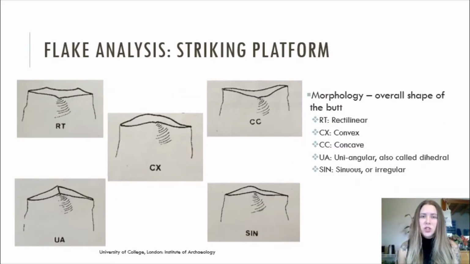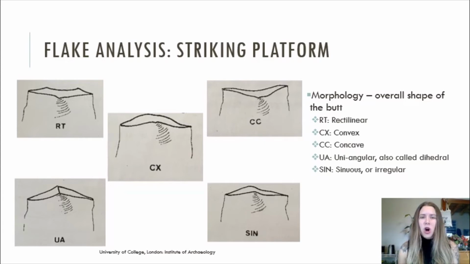The shape of the striking platform should be recorded as well based on the morphology. So the morphology of the striking platform just refers to the overall shape of the butt, which can be described as rectilinear, which is relatively just straight and rectangular.